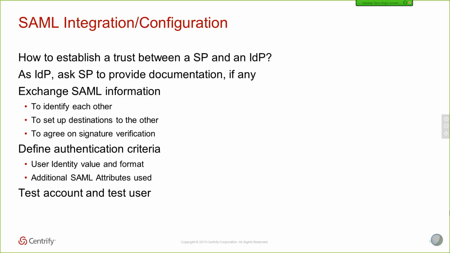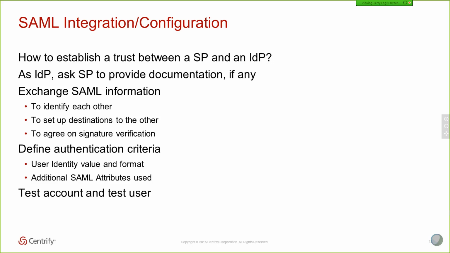And then there's also the signing certificate that the IDP, Centrify, will give to the SP, because that certificate will be used to verify the signature, which is really the heart of how it is being secured: the certificate.